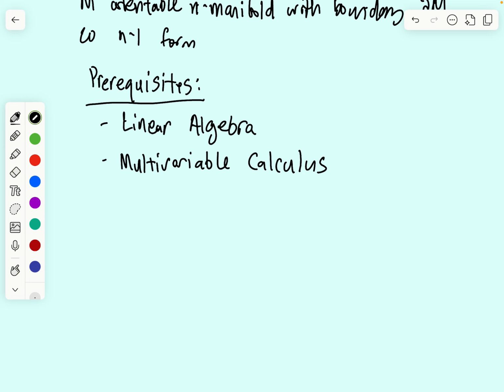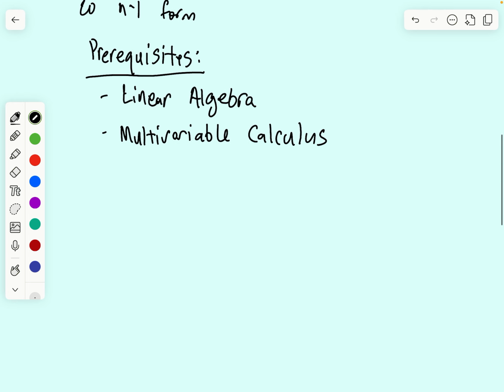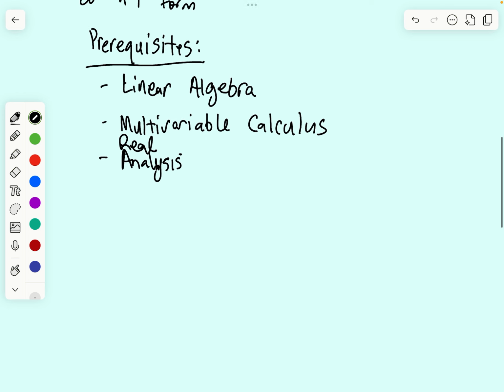These are pretty standard topics in multivariable calculus, and I'm assuming that you're familiar with how it all works, because even though we're going to talk about how it works more generally, this is Rn, and it's going to be hard to understand if you aren't familiar with the basic results in R3. Okay. And then I'm going to assume that you also know some basic real analysis. So I'm going to assume mainly that you know about metric spaces.